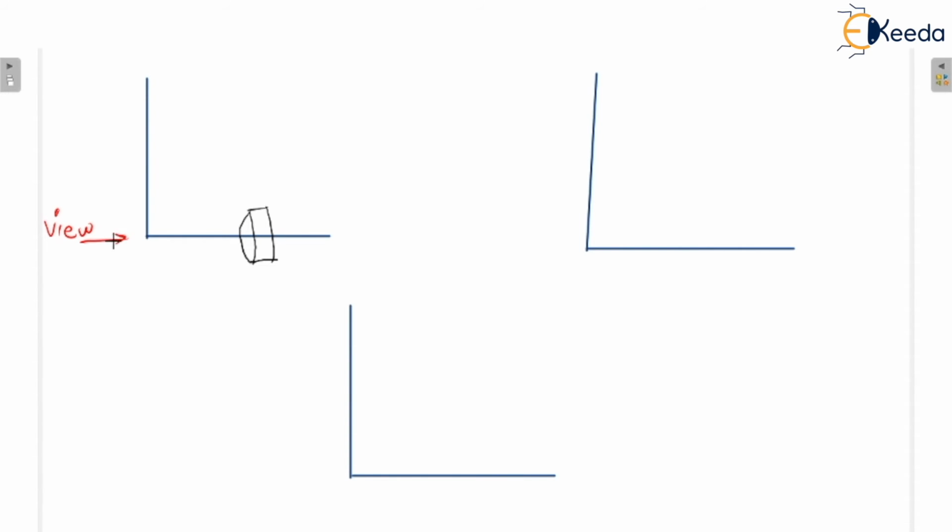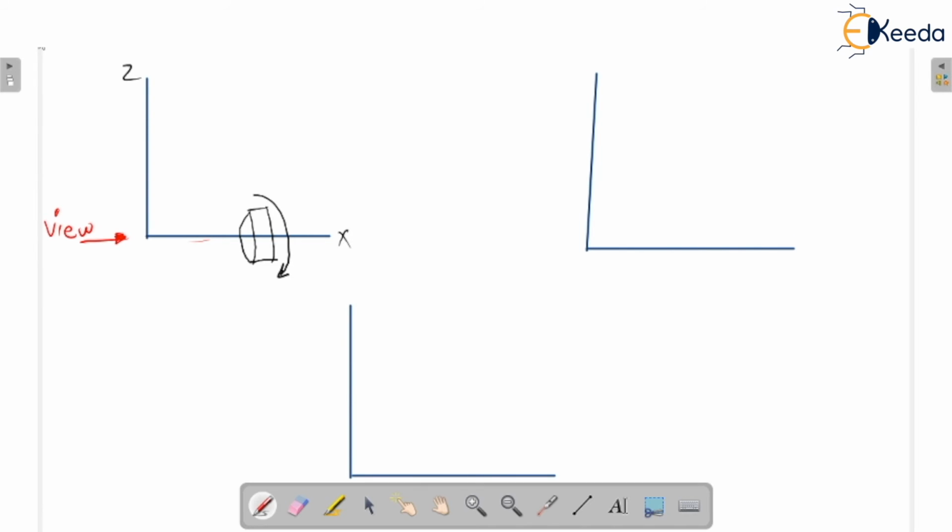When you see this body, it is going to be rotated like that, and when you see from here, it would be clockwise direction. So this is x direction and this is z, and we know that this is y direction.